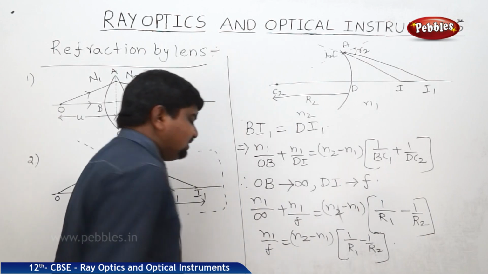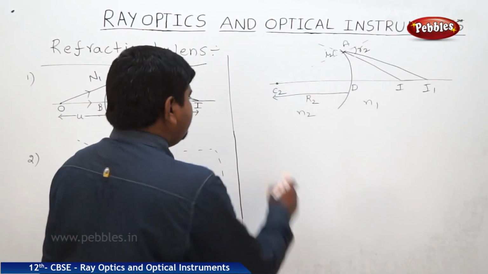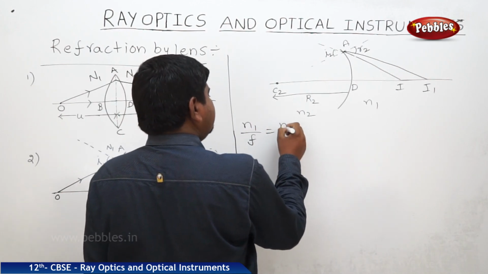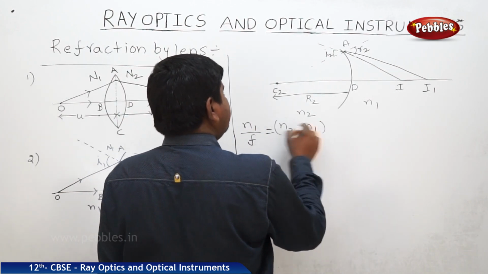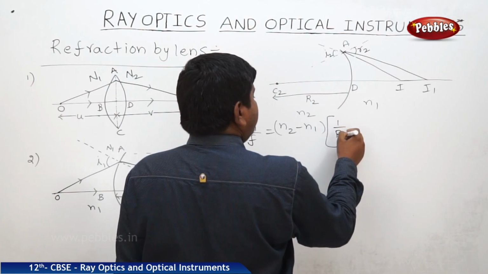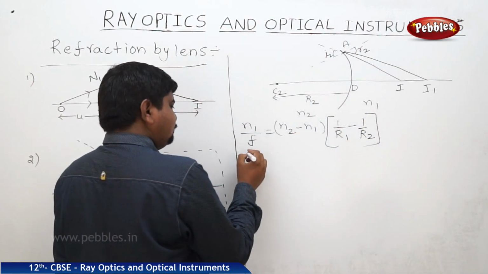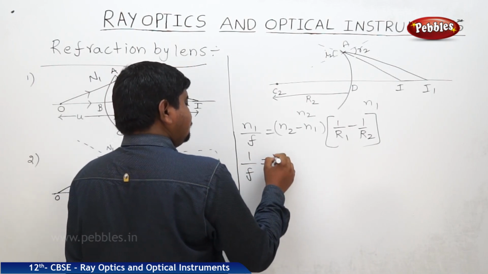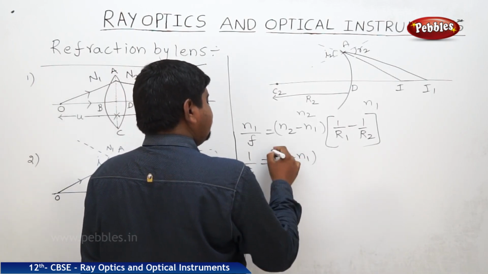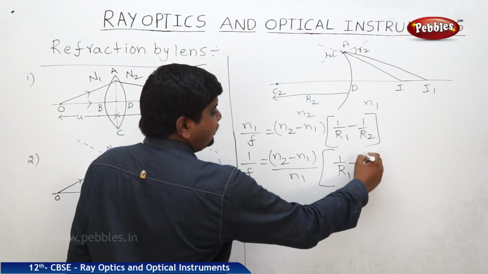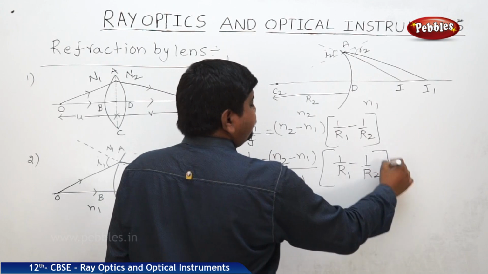Now we should simplify this equation. So we got n1 by f is equal to n2 minus n1 into 1 by R1 minus 1 by R2. I am bringing n1 to the other side. So 1 by f is equal to n2 minus n1 whole divided by n1, into 1 by R1 minus 1 by R2.